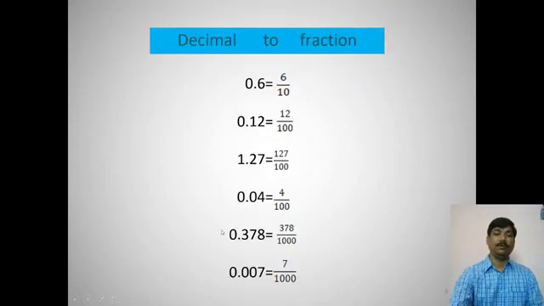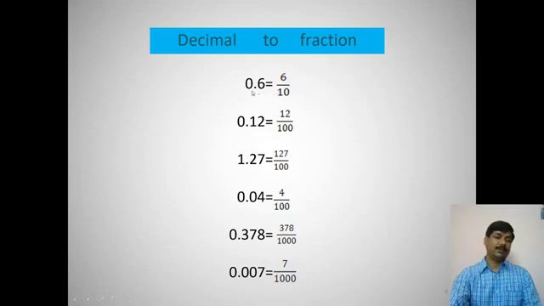But now some more fractions; we write the decimal as a fraction. If the decimal is 0.6, how can we write it as a fraction? We remove the point and make a whole number. When we remove this point, there will be the whole number 6.